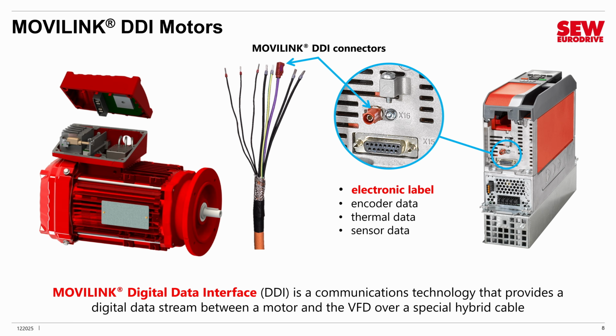There's also thermal data if the motor's equipped with temperature sensors that communicate in that way, and possibly other sensors as well, like vibration detectors. All these technologies communicate through that one single little purple cable. It's a very powerful concept, and we strongly recommend that our customers look into our DDI motors because they pair very nicely with MOVI-C VFDs.